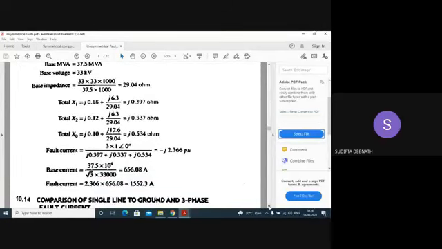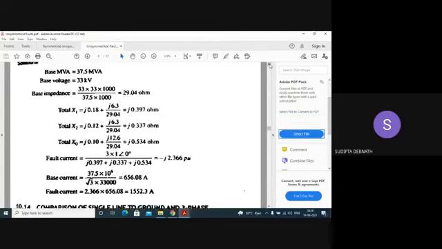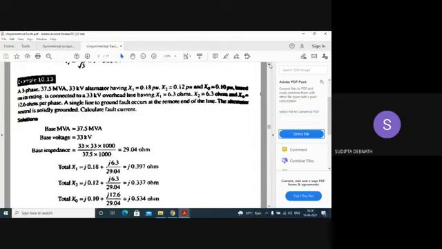You have to understand and observe. Sometimes if this problem is given and it is mentioned that the single line to ground fault occurs at the terminals of the generator, then you need not use these line values. Understand? Just to confuse you, these values may be given.